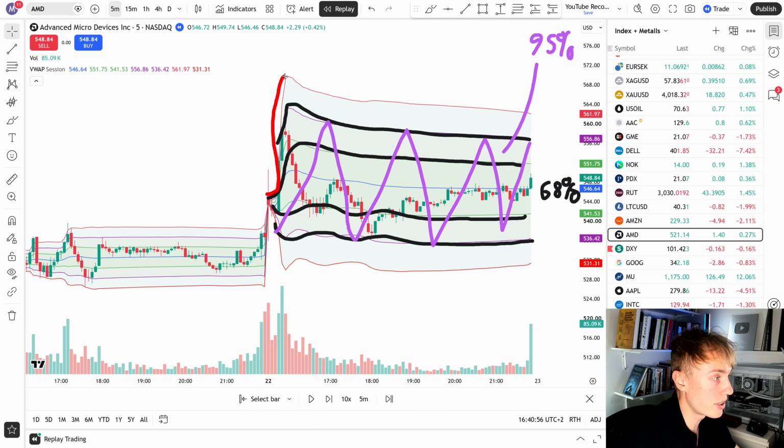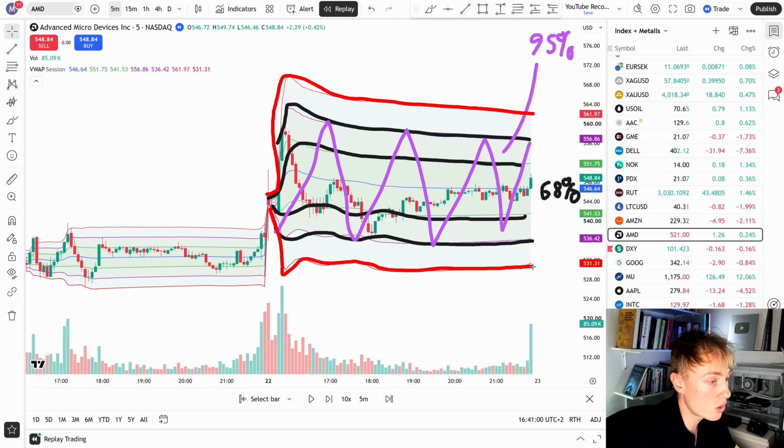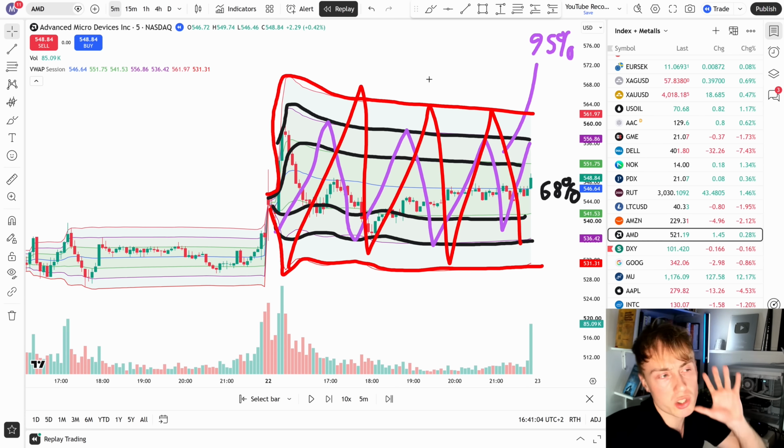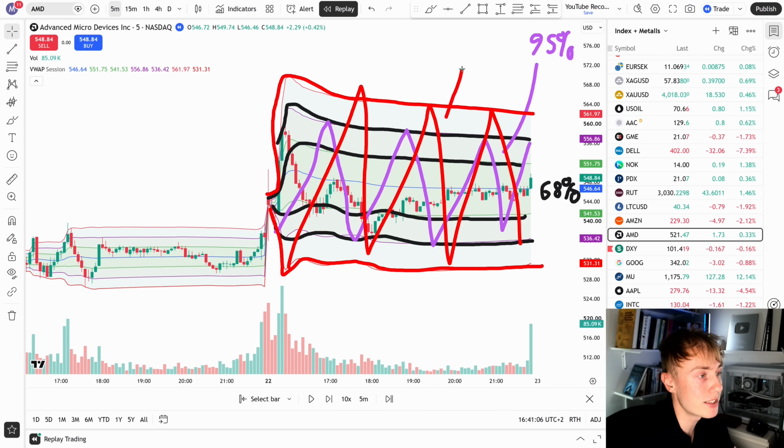And last but definitely not least, we have band 3 here on the top and on the bottom. And within this red area right here, pretty much all price action will be within this area. More than 99% of the time, the price will be within this area.